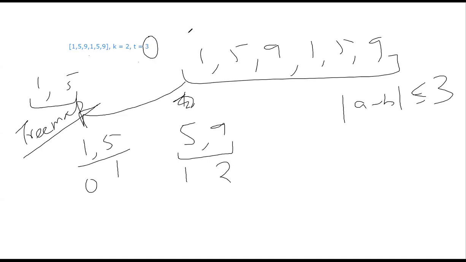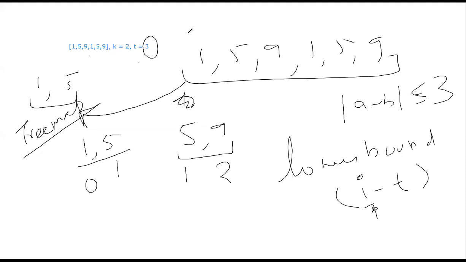And I use the lower bound of nums[i] minus t, which finds the lower bound of the difference between each element and t. Is this i the index of the current element or the value?